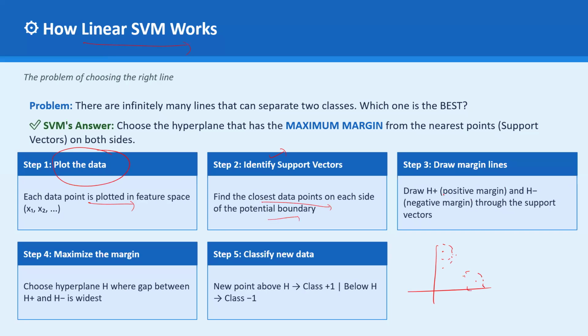After that, we draw the positive margin and the negative margin, then maximize the margin, and then classify the data by the optimal hyperplane. So this is how the linear support vector machine works, and if a new data point comes, it will clearly separate it.